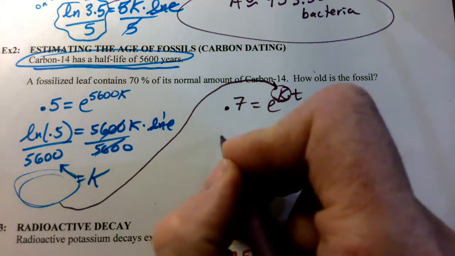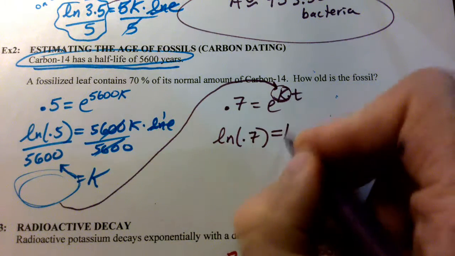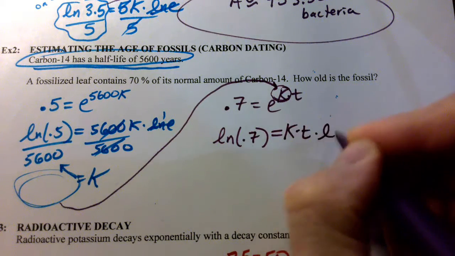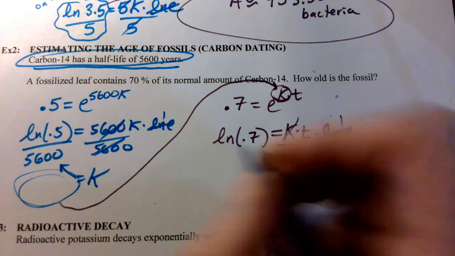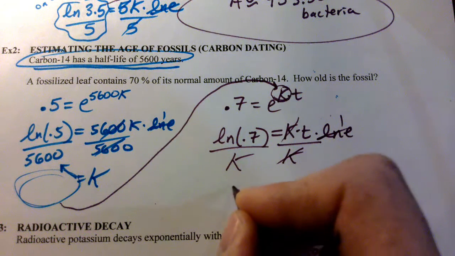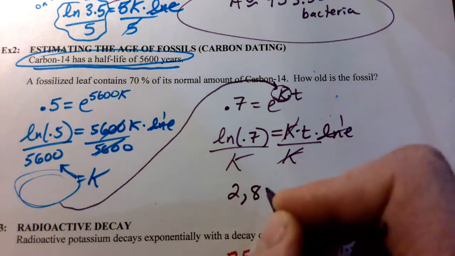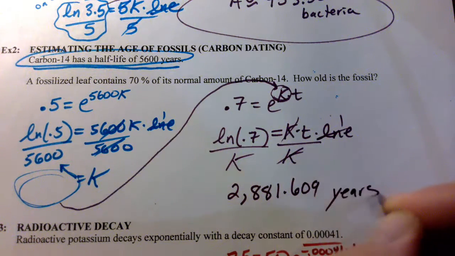So we'd have the natural log of 0.7 equals k times t times the natural log of e, gone. So you're going to divide by k. K is not a variable, it's a number that you already found in your calculator. And that would come out to 2,881.609 years.